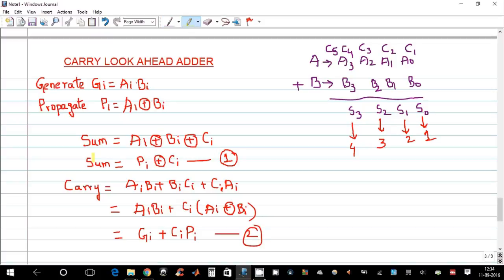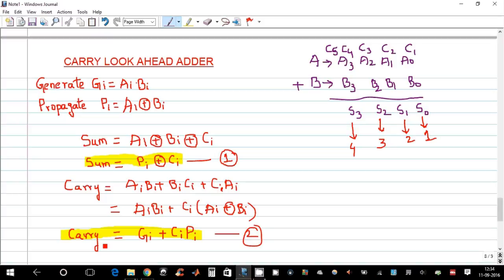So we'll remember these two expressions, sum and carry, everything in terms of their respective inputs.